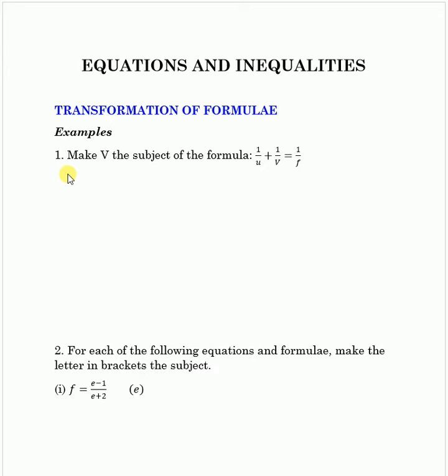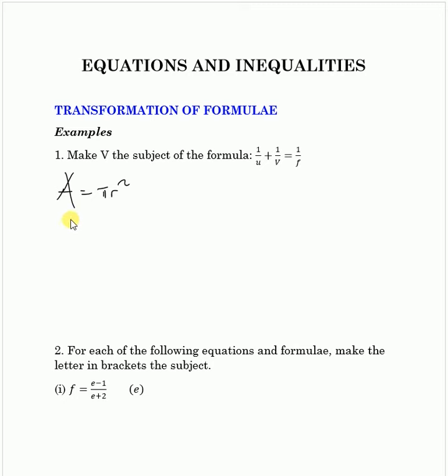Like if we say that area is equal to pi r squared, in this case A is the subject of the formula. You can make r the subject of the formula by having r remain alone on that side.